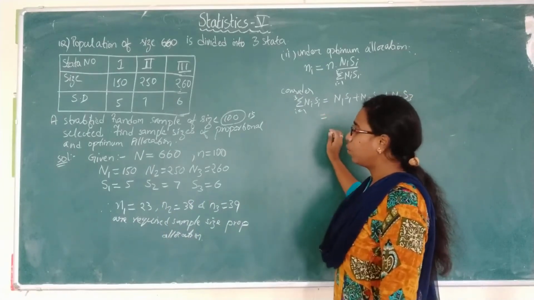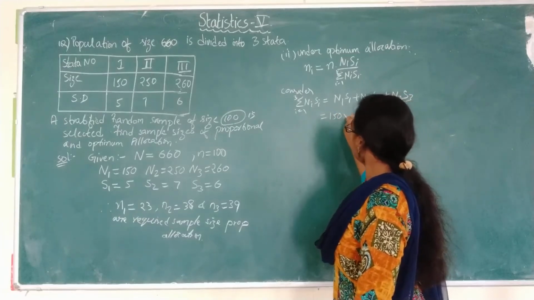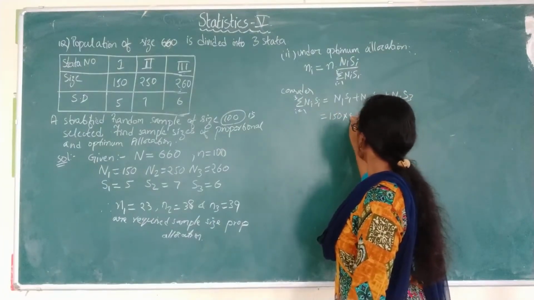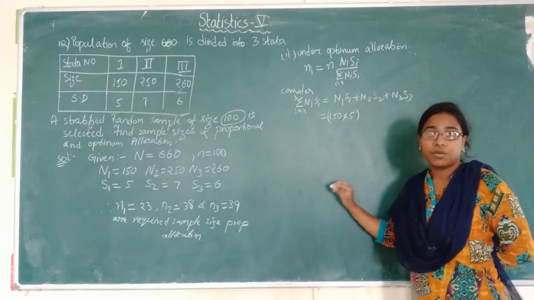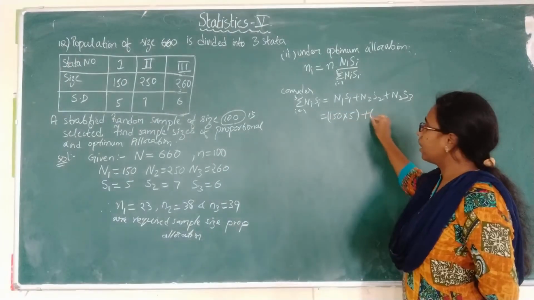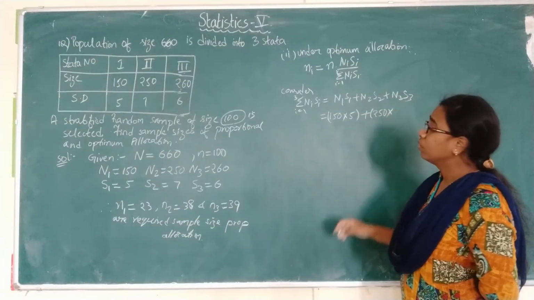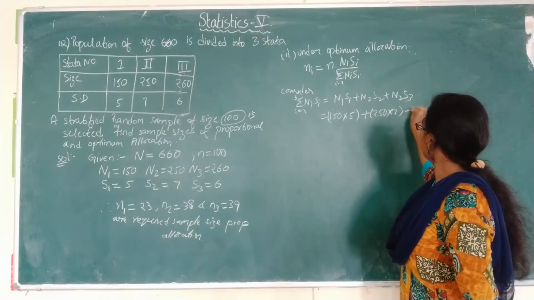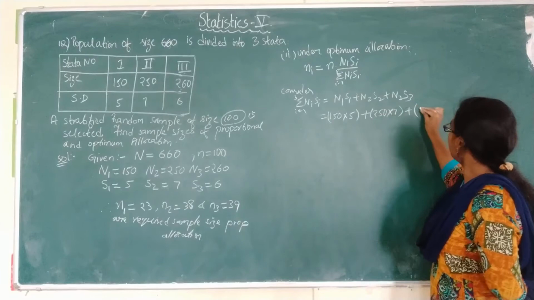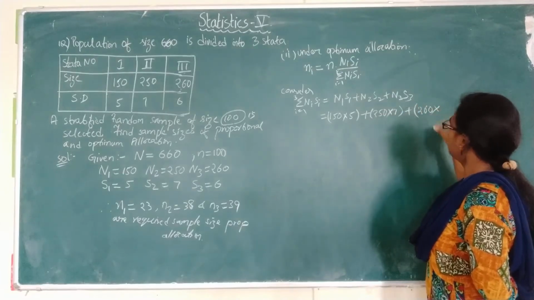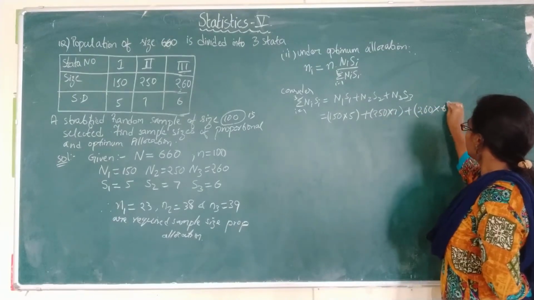N1 value is 150 into S1 value is 5, plus 250 into S2 value is 7, plus N3 value is 260 into S3 value is 6.